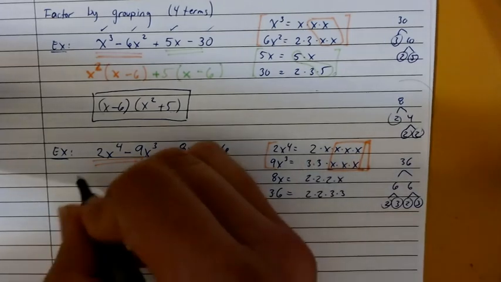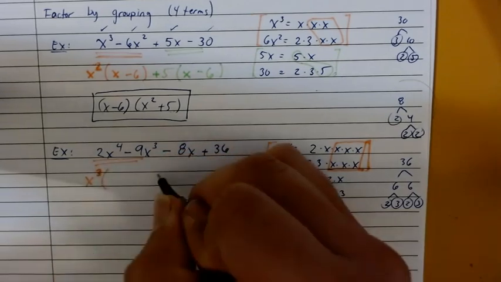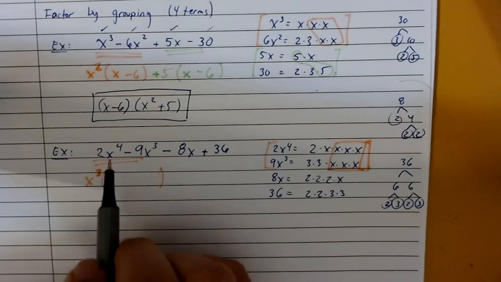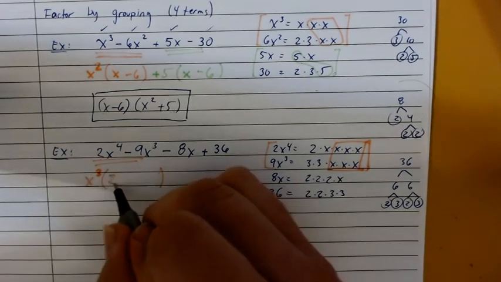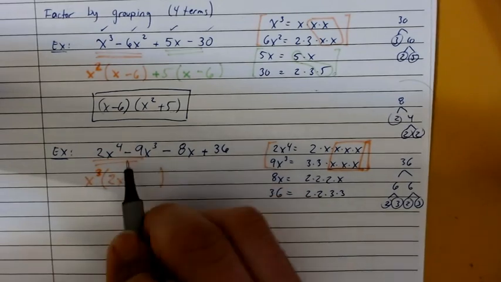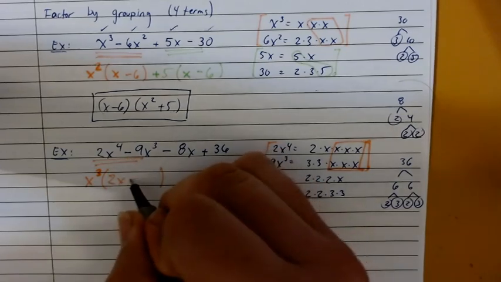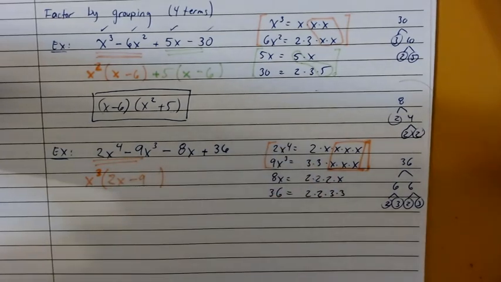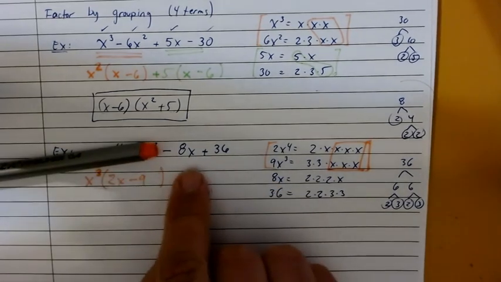So here, x to the third is my common factor. So let me write that in the front. And then whatever's left is what I get when I divide. So 2x to the fourth divided by x to the third is just 2x. If I take minus 9x to the third and divide away the x to the third, I'm just left with a minus 9. Okay? So now, I'm done with that part, and now I'm going to factor this part out.